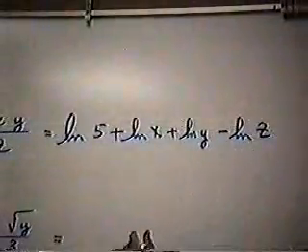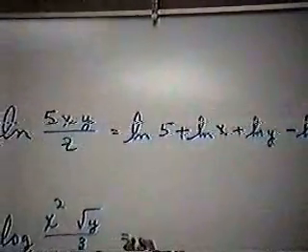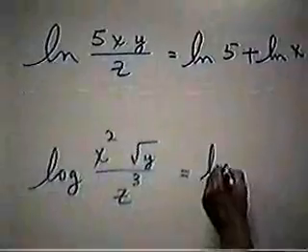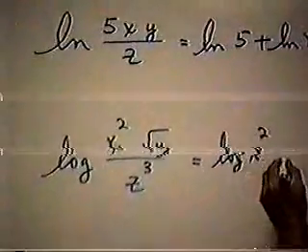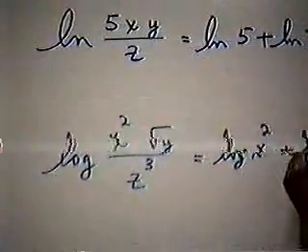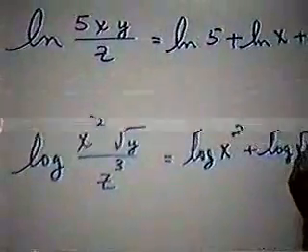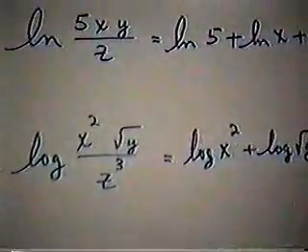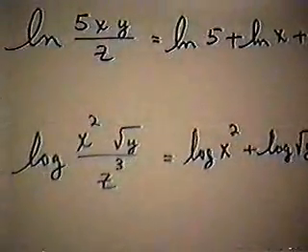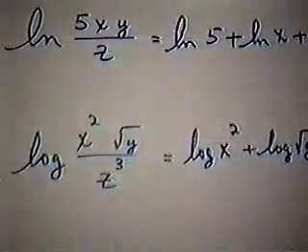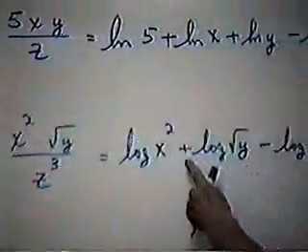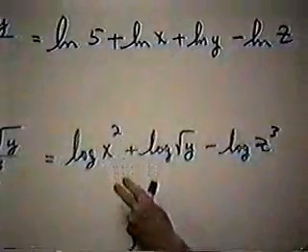All right, and the third rule, let's look at this example. This would be the log of x squared plus the log of the square root of y minus the log of z cubed. Now that's the first rule. The second rule, multiplication. The third rule is this.